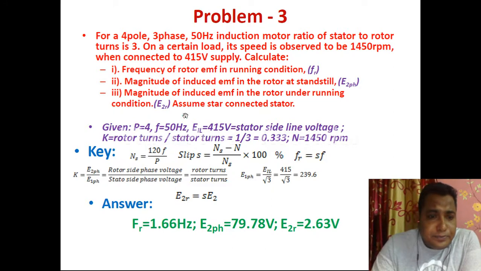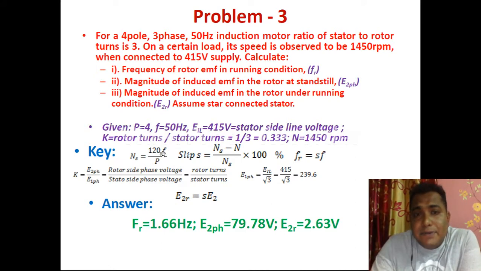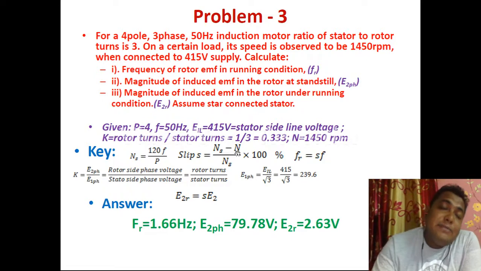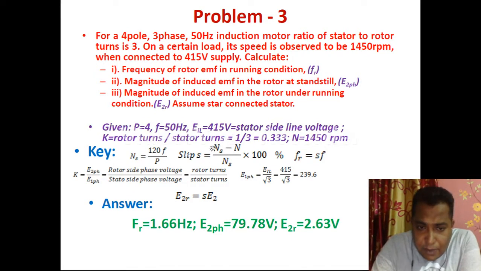How to find it? So Ns is equal to 120 f by P. Frequency is 50 hertz, poles is 4. So we can find that Ns is equal to 1500 rpm. Ns is 1500 and N is 1450, so slip is (1500 minus 1450) by 1500, we will get some answer, that is the slip value.